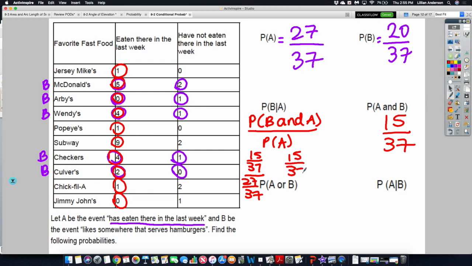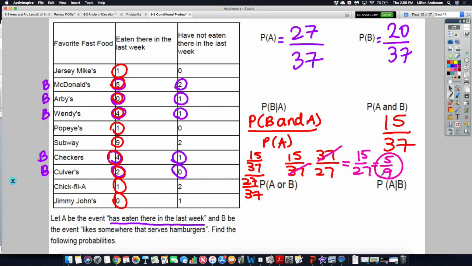Keep, change, flip. What happens to the 37s? They cancel out. So you are just left with 15 over 27, which reduces to 5 over 9. So the probability of B given A is 5 over 9.